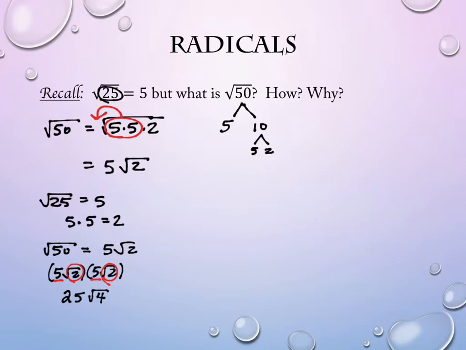What's the square root of 4? 2. And what is 25 times 2? 50. It's the same 50 that was underneath the radical to start with. Okay, so it works for the exact same reason that square root of 25 is 5. It's just that there's still a remaining piece underneath the radical that I can't pull out or simplify any further.